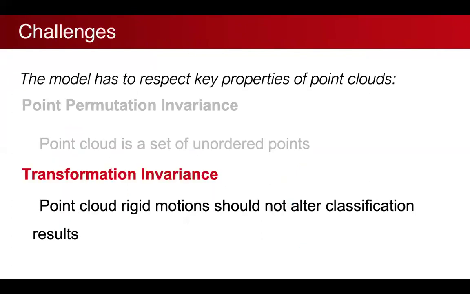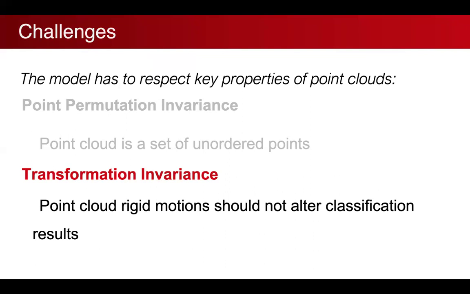The second invariance that we need is transformation invariance, because we have 3D points that are in space, and if we do any rigid motion to these 3D points, they are still the same geometry, they represent the same geometry. This is similar to the translation invariance that we discussed in terms of images.